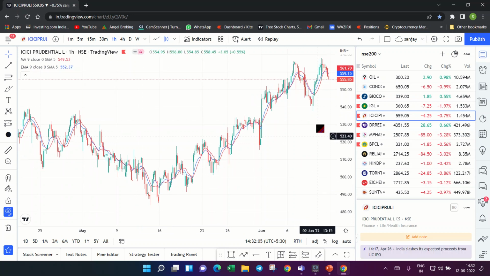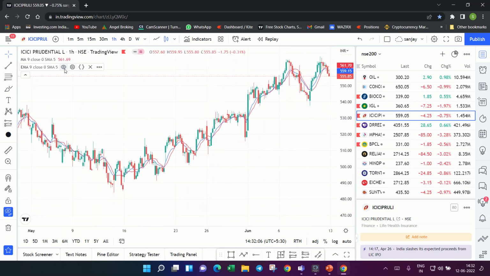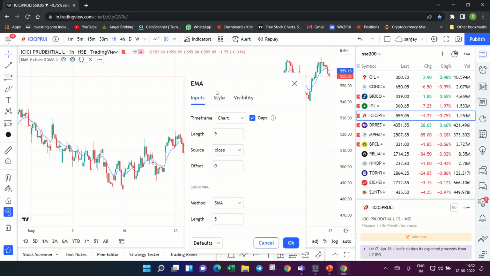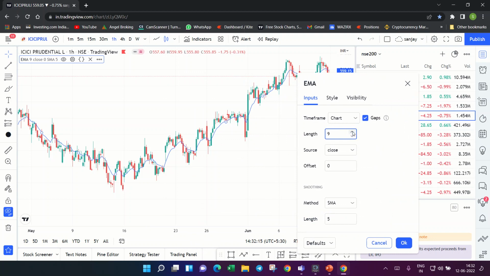so you have to know which moving average is working well on this chart. So you can modify the inputs by using the length, you can increase it to whatever period you want. Okay, so we want to see at what period of moving average the price is taking support.